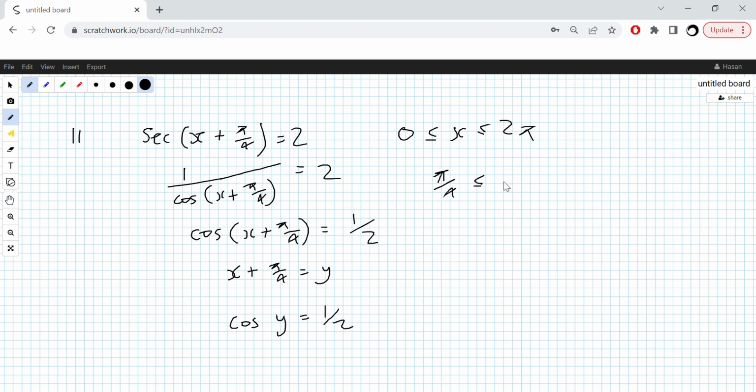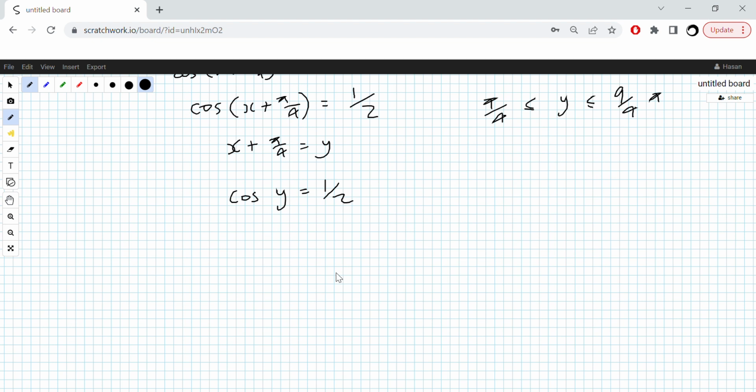And then 2π plus π/4, which is 9/4 π. And this is all the same as π/4 to 9/4 π for y, because we said that x + π/4 equals y. Now we have this equation, and this is our interval we need to find in.